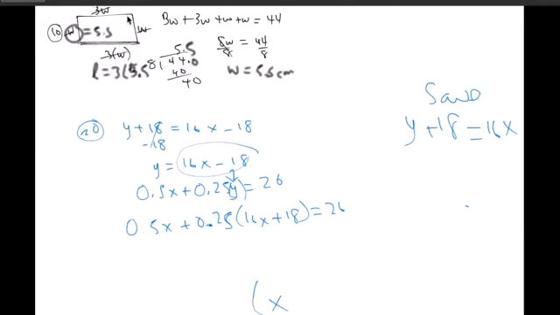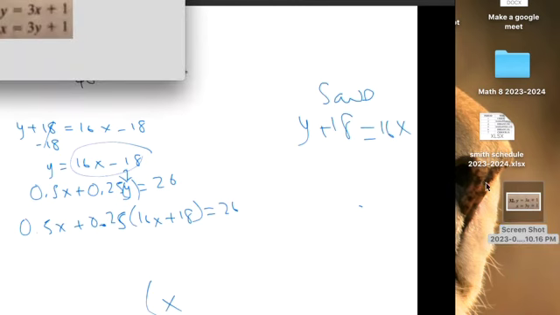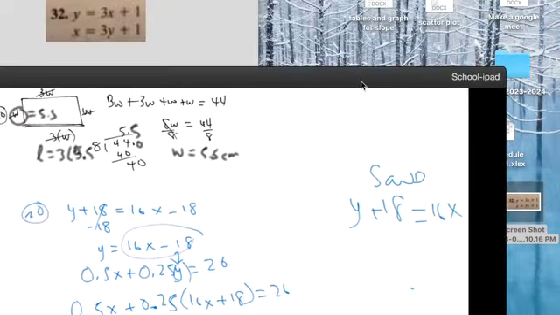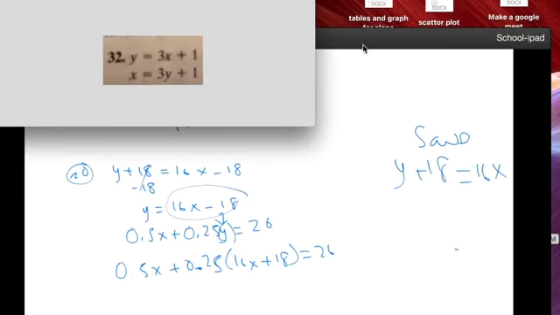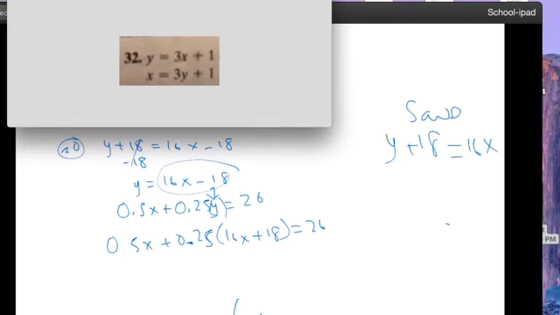Really do. And then the next one is number, this last one, 32. Okay, that can be confusing. I can see why, but it's really simple. Okay.